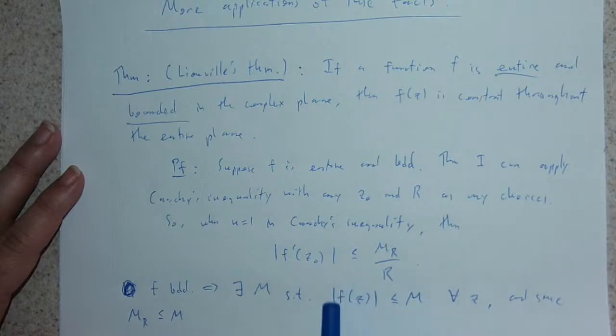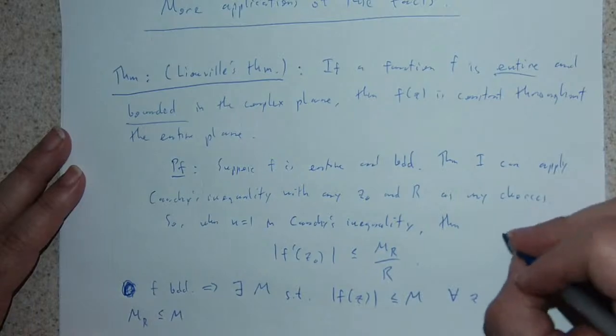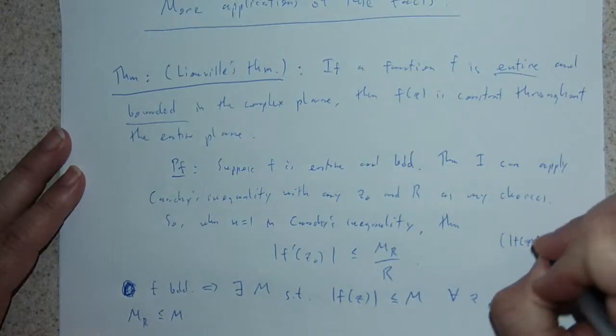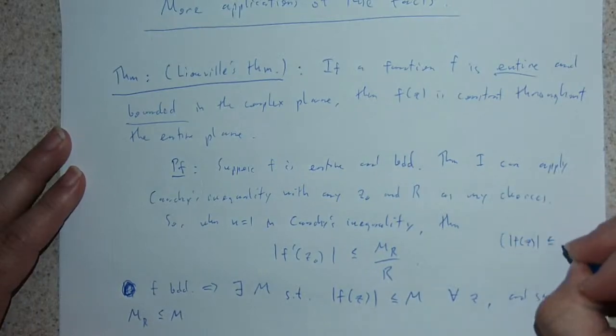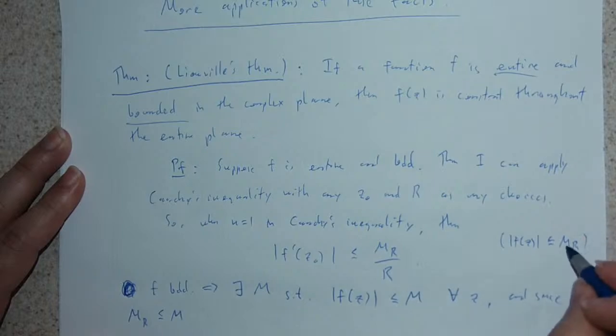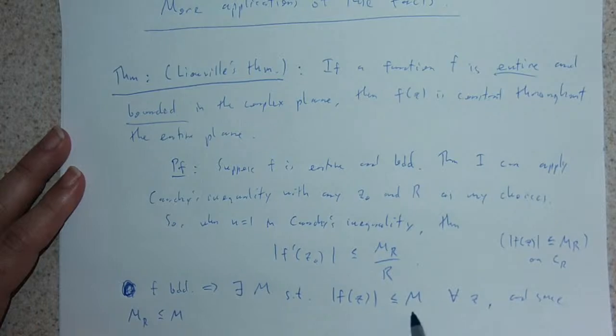Because this has to be true everywhere, whereas this thing only need be satisfied on a circle. So this is our maximum value on the circle, say C sub r. This has to be true everywhere.